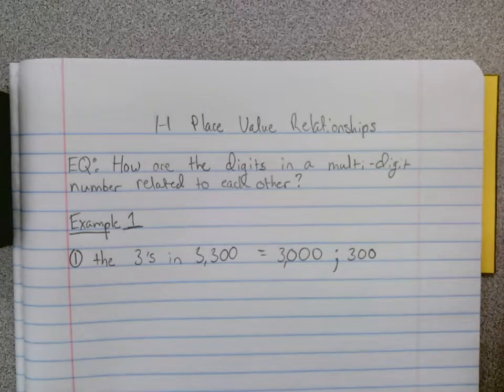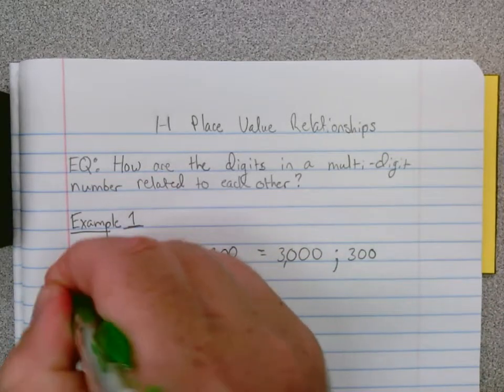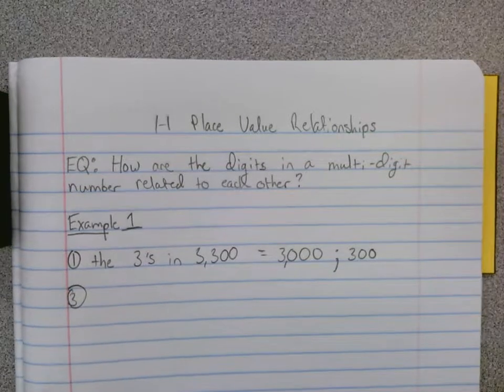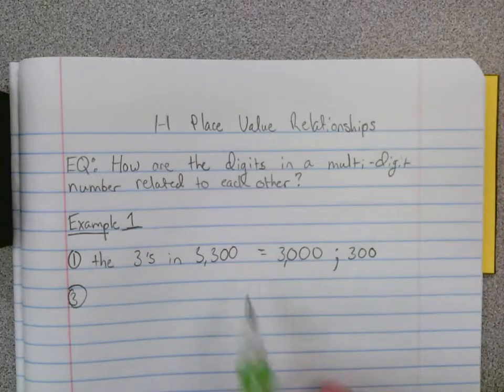Let's do one more example. Let's look at number 3. And it says, what is the relationship between the values of the given digits? The 3s in 3,300. So we already know that the 3s in 3,300 are 3,000 and 300.